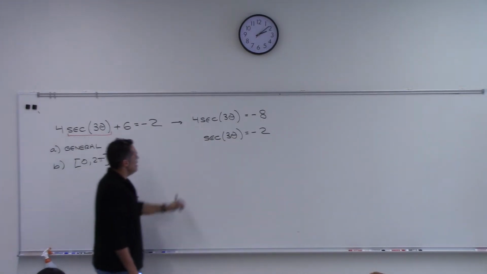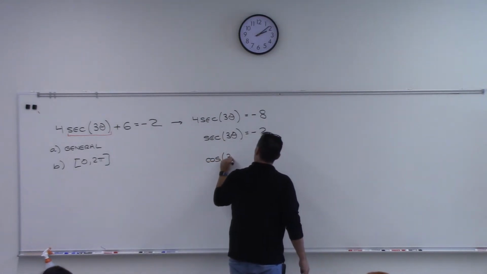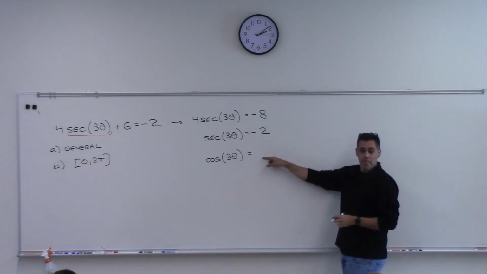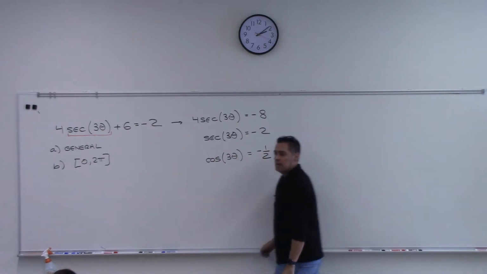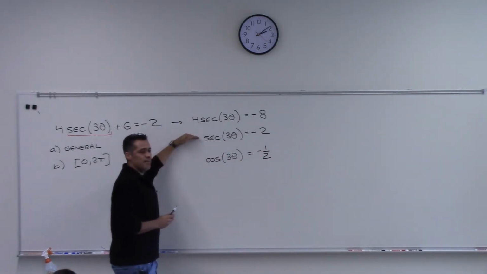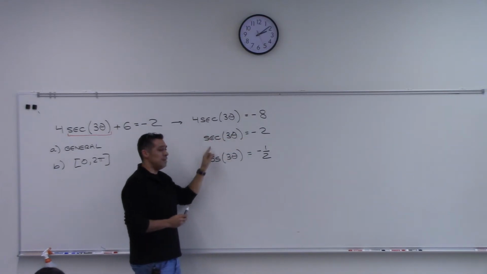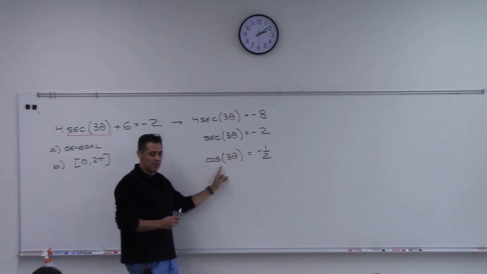Secant of 3 theta equals negative 2 is the same as saying cosine of 3 theta is what? Negative 1/2. Good. Secant of 3 theta being negative 2 is the same as saying that the reciprocal of this function is the reciprocal of that. The reciprocal of secant is cosine.